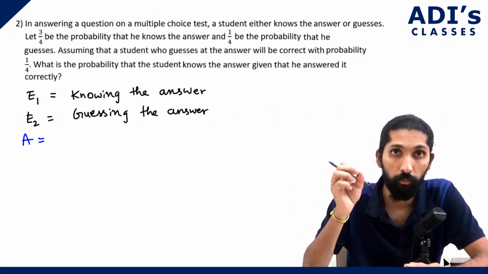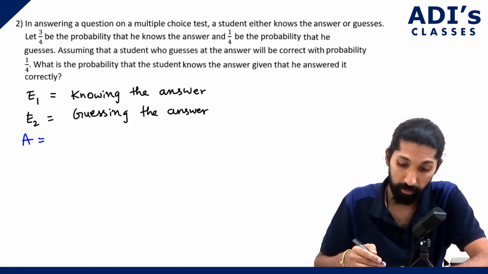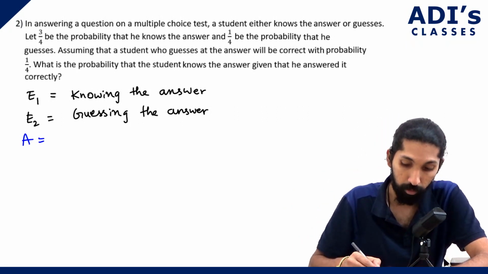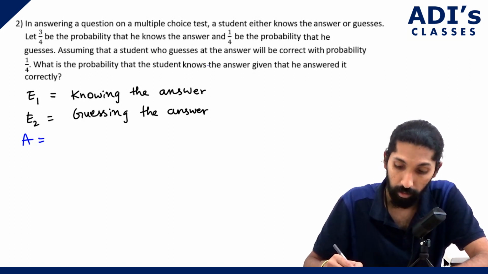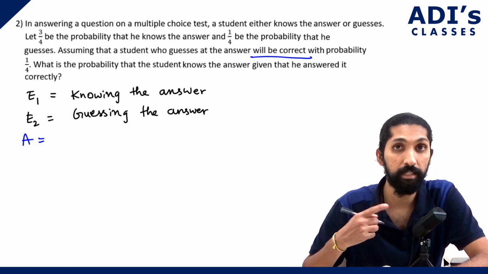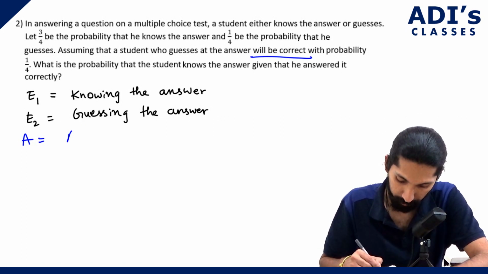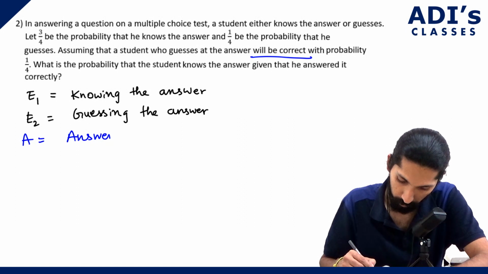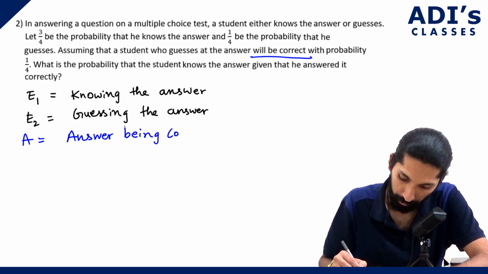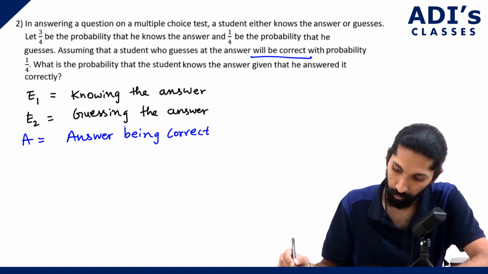So either he knows the answer or he guesses the answer, in both the cases, what we require is, see, assuming that the student who guesses at the answer will be correct. It is correct. So A is the answer being correct. Fair enough.